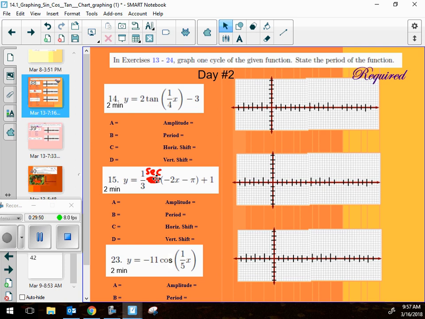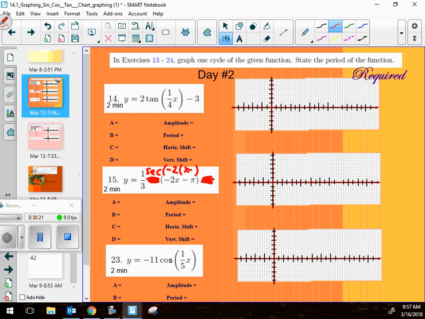And also, it's got a little too much going on here, so we're going to scribble out the +1 at the end. And last but not least, on the inside, I want to factor that for you. Even though I know you know how to factor, you might not think to do it. On the inside there, if I take out a -2, what would be left on the inside?